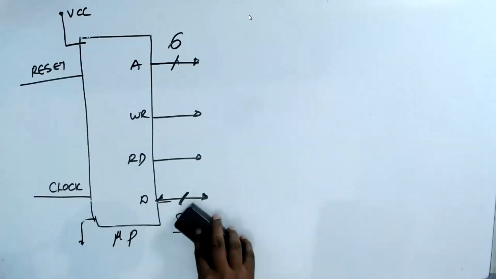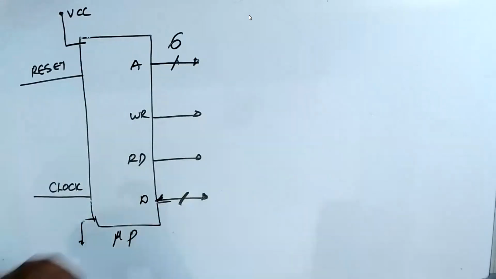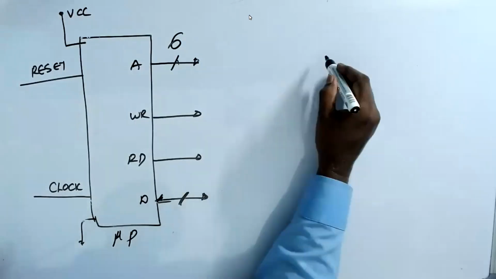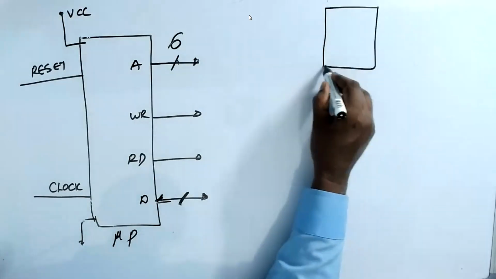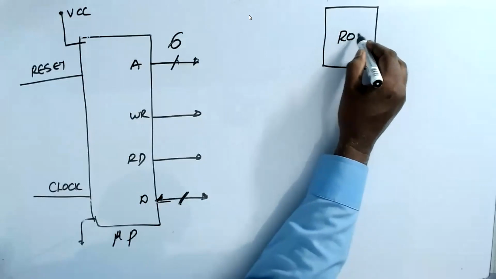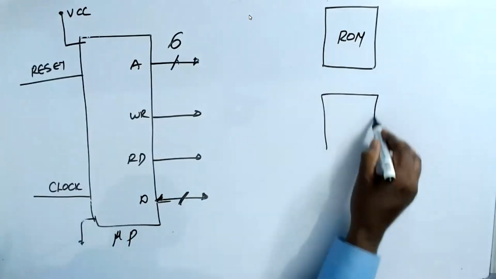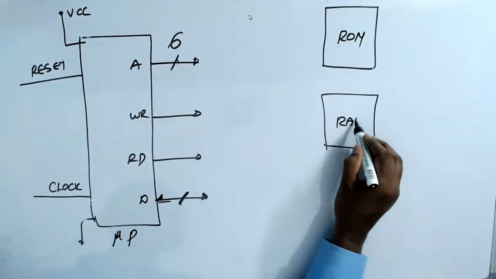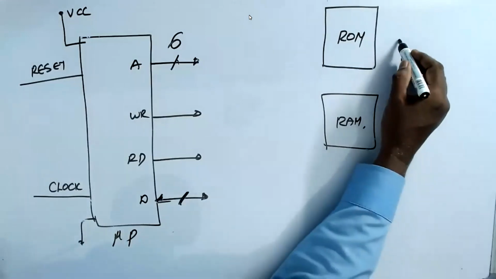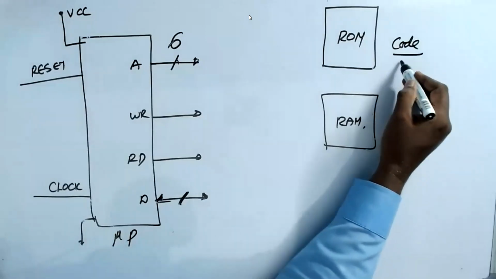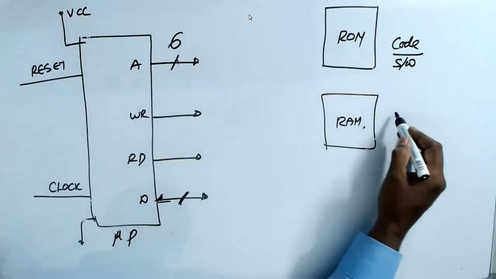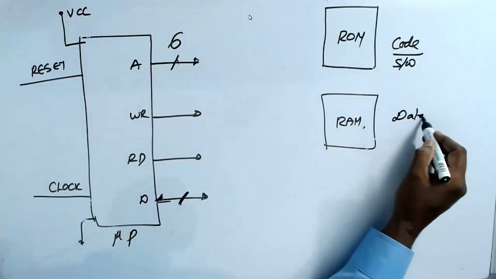Now, let us assume that I have a ROM and a RAM. ROM for my code, that is software. RAM for my data, that is variables.